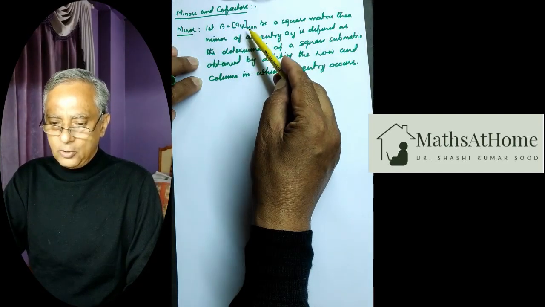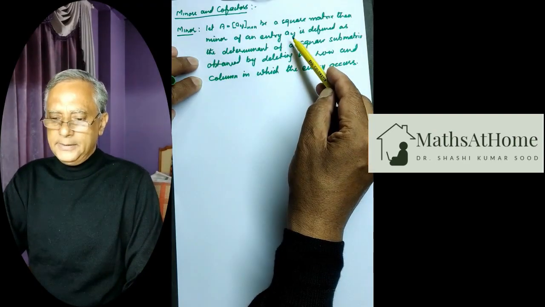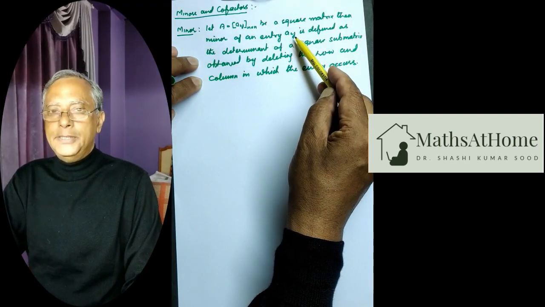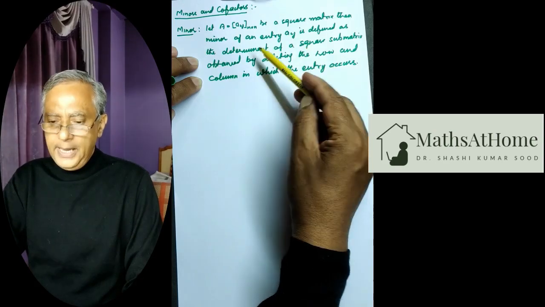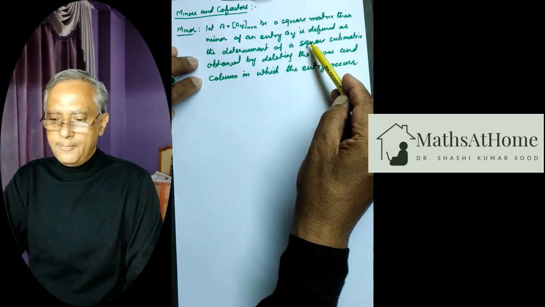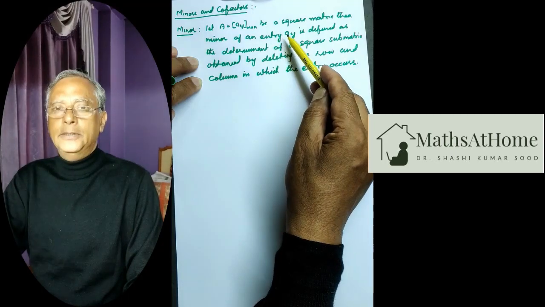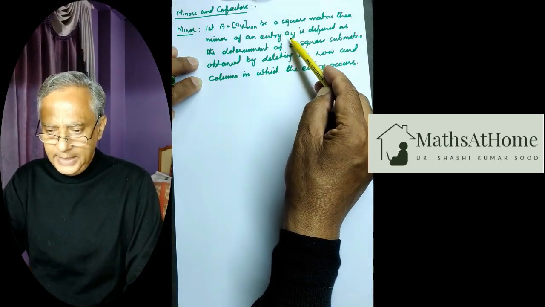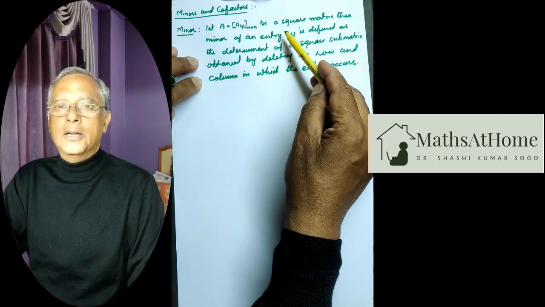So if A equal to Aij is a square matrix, then the minor of entry Aij is the determinant of the square submatrix obtained by deleting the row and column in which this entry occurs.